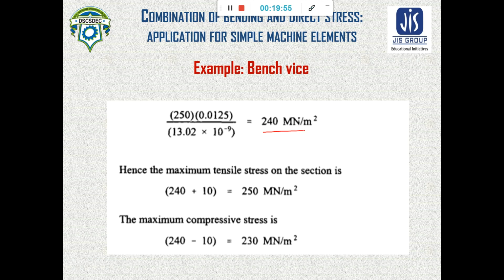So the maximum tensile stress will be 240 plus 10, where 10 is our direct stress value and 240 is our bending stress value. So 240 plus 10 is your maximum tensile stress, and the minimum compressive stress will be 240 minus 10, that is 230 meganewton per meter square. So that is your answer.